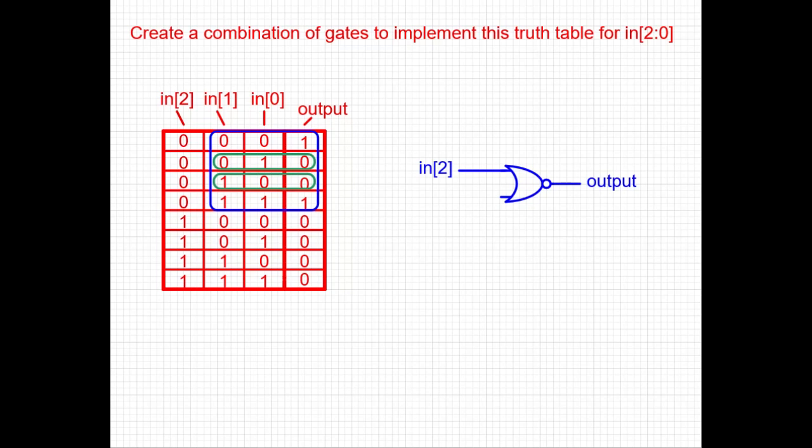It looks like an XOR whose output has been inverted. And sure enough, there's the inversion. And since in2 is low for these table entries, it has no contribution through the NOR. So there's our answer.